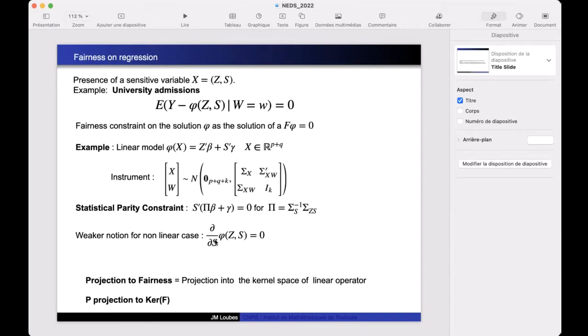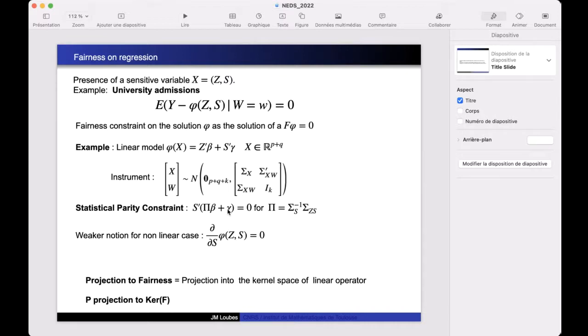So if you want to do fairness, then you will say that x is equal to z of s. S is the sensitive variable, and you want to remove this S effect. So you want to look at what should be the good forecast if it was independent from S. So if you look at a linear model, then you can write the statistical parity constraint like that.